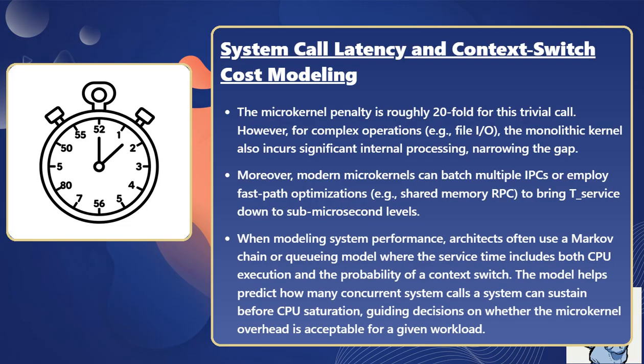When modeling system performance, architects often use a Markov chain or queuing model where the service time includes both CPU execution and the probability of a context switch. The model helps predict how many concurrent system calls a system can sustain before CPU saturation, guiding decisions on whether the microkernel overhead is acceptable for a given workload.